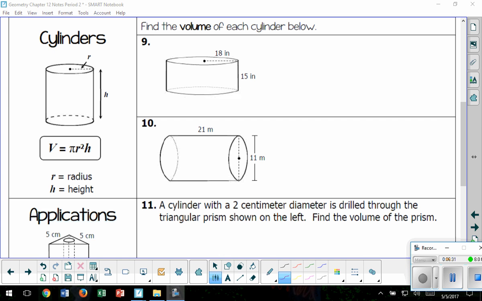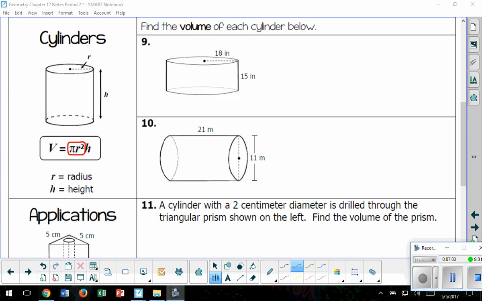Cylinders. I'm going to give you a really good visual here. I should have brought it, and I didn't, and that's my bad. For cylinders, take the area of a CD and put it on one of those pedestals.